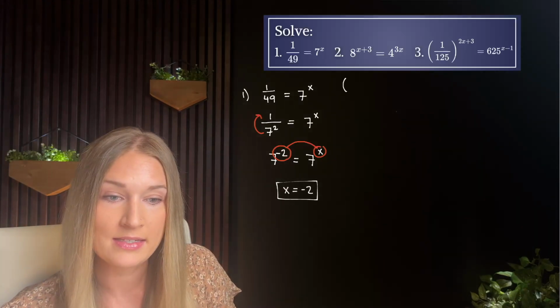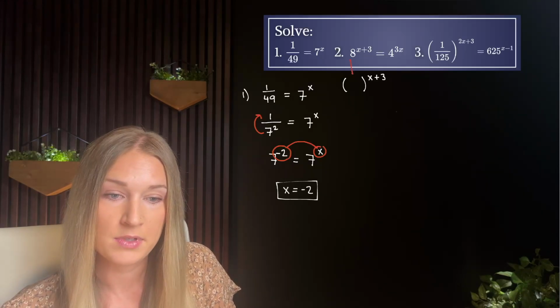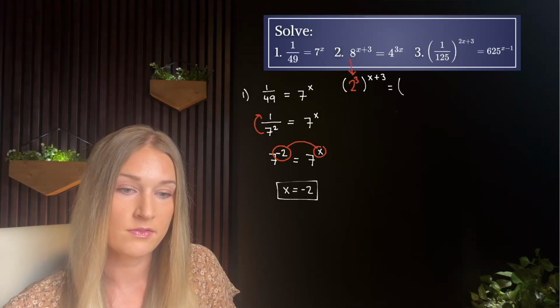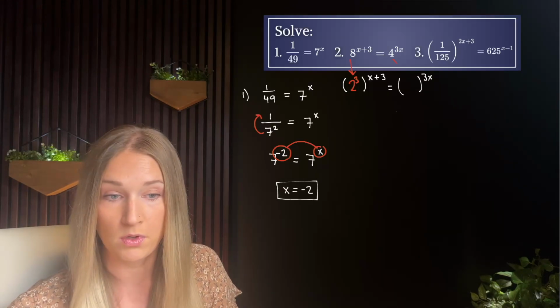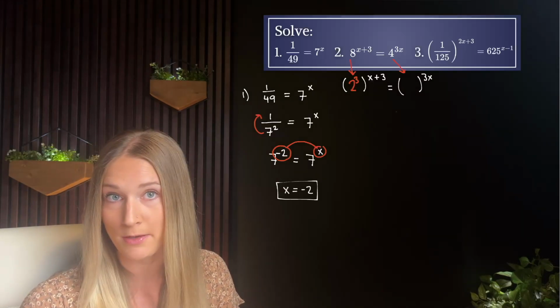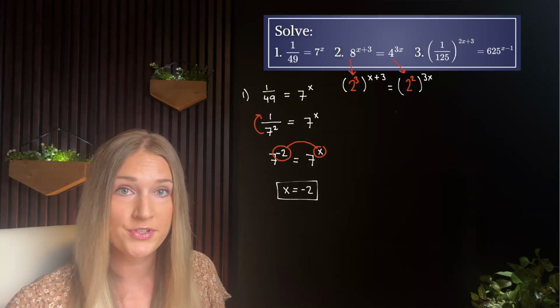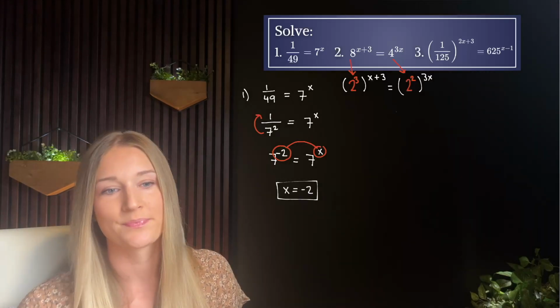So 8 to the power of x plus 3, I can rewrite as 2 to the power of 3. And on the right-hand side, I've got 4 to the power of 3x, and I know that 4 can also be written as a power of 2. That's 2 squared. I'm allowed to change both sides because the value is still the same. I'm just changing the way it looks.